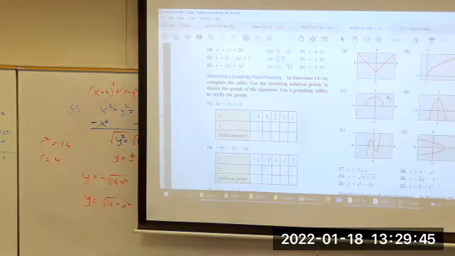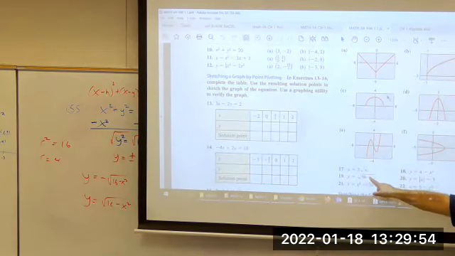So the only one that looks like an exact square root is this one. Look at the difference between 17 and 19.